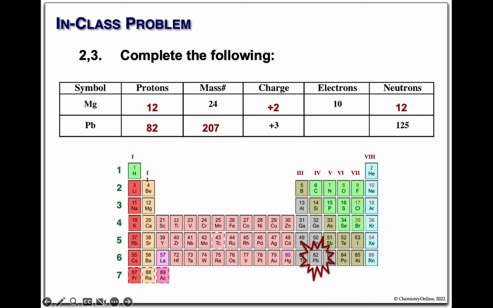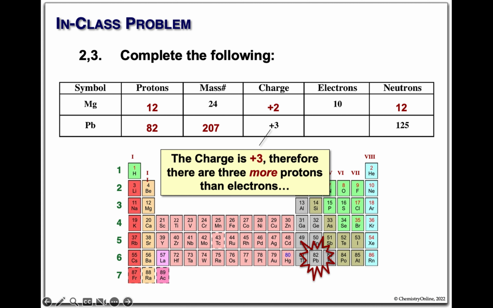If we have 82 positives, in order to wind up with 3 excess positives, we must have fewer than 82, in fact, 79 negatives. 82 minus 79 is our plus 3.